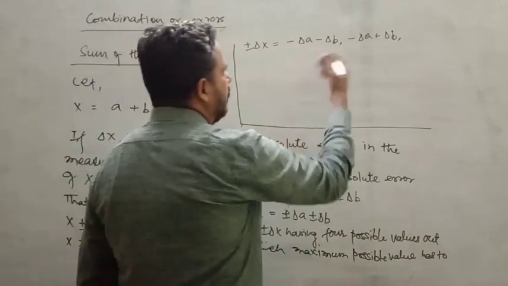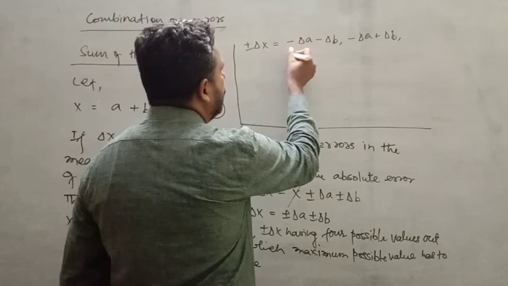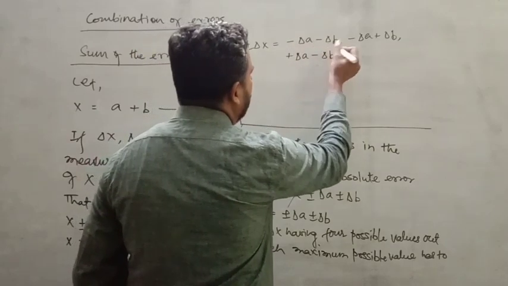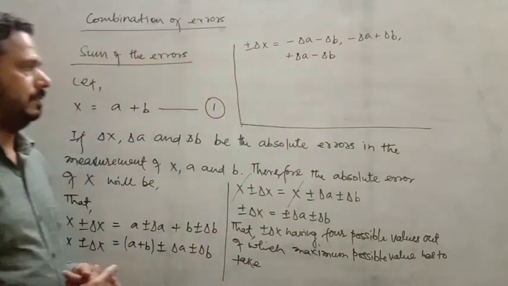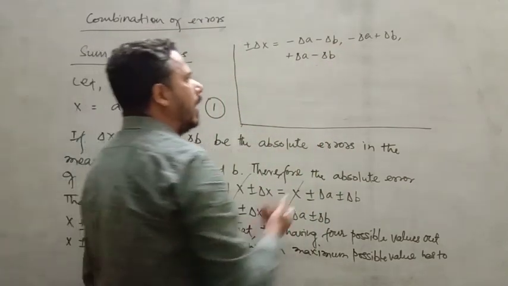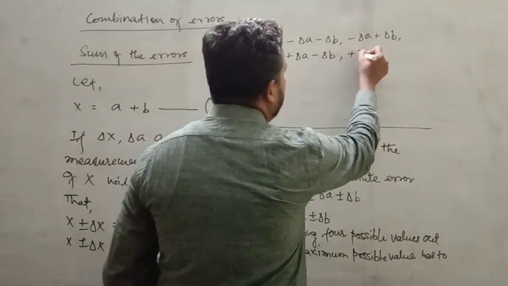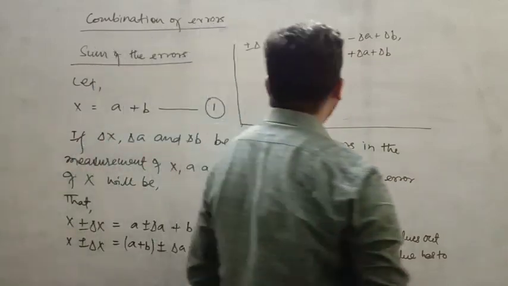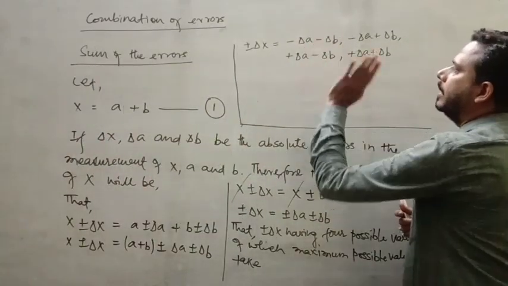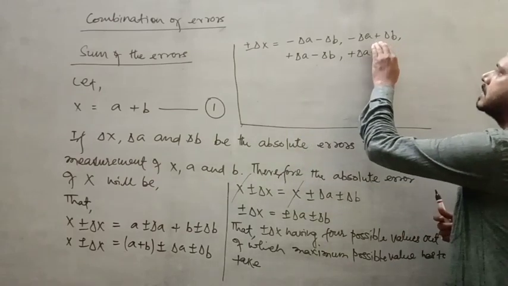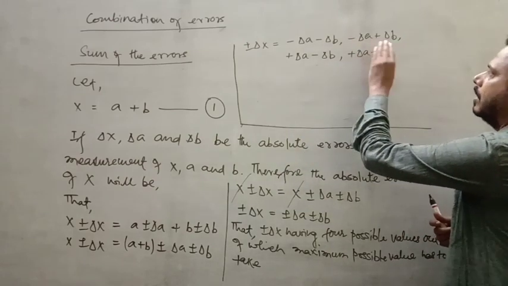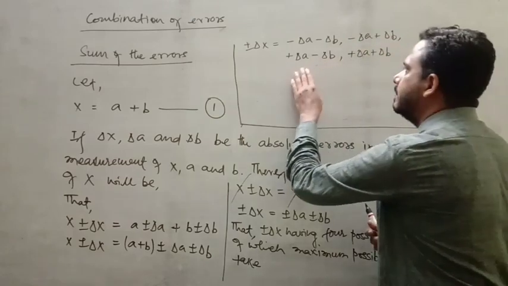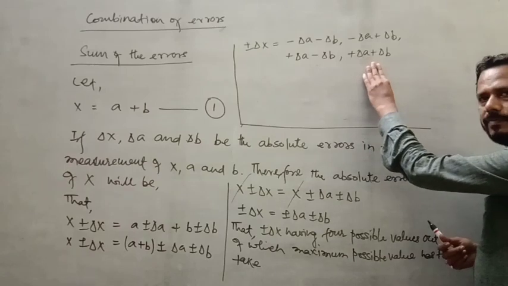Now, next factor, you suppose this one is positive delta A and this one is negative delta B. So this one is your third factor. And the fourth one is plus delta A plus delta B. So see here, there are 4 factors. This one is maximum but negative. This one is either less than or greater than, that depends upon its magnitude. Same like here, depends upon its magnitude. But this one is completely maximum value and positive.